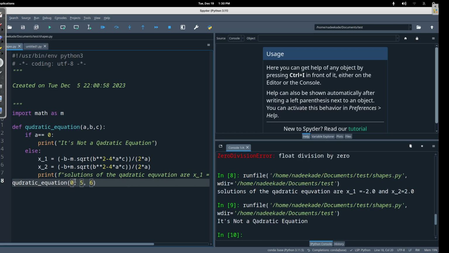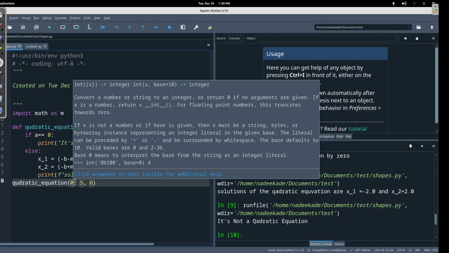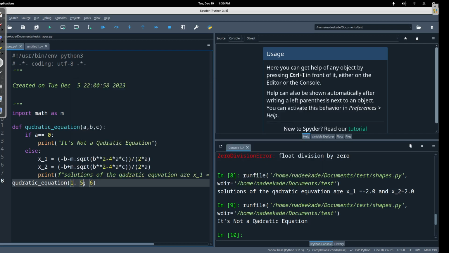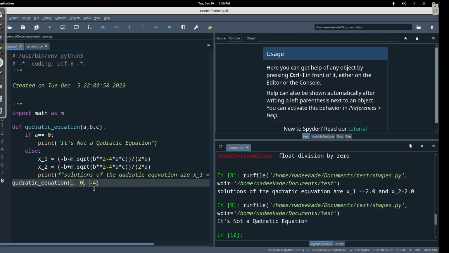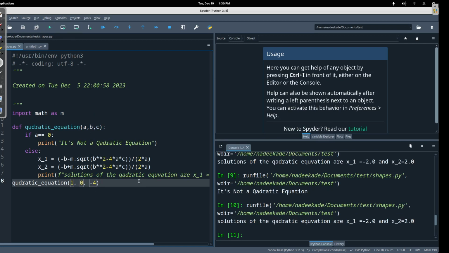And if we give a correct quadratic equation, let's say 1, 0 and -4, the solutions are -2 and +2. So it's working for now, for quadratic equations and this.